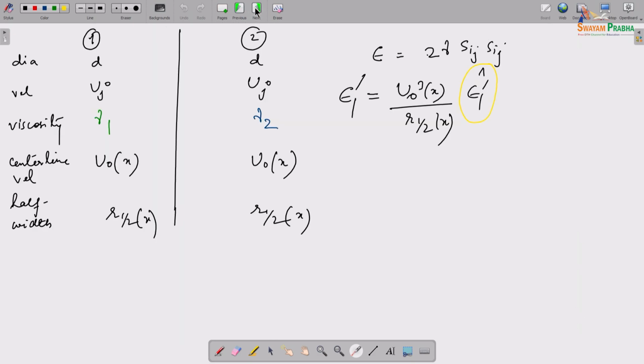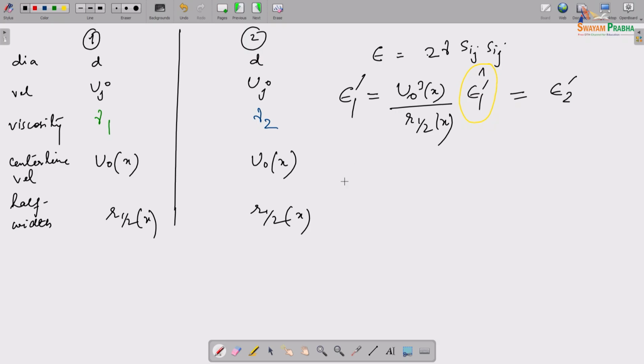So epsilon dash is this, which is also the same as epsilon 2 dash, for the second case. When I say 2, I basically mean this one: 1 is for this one, 2 is for this one. Because they will all fall onto the same plot.